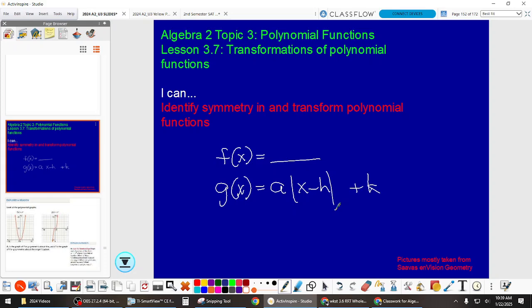Anyway, what did A do? Okay, stretched it out. If it was positive, didn't matter. It had to be bigger than 1 to stretch. What did this?